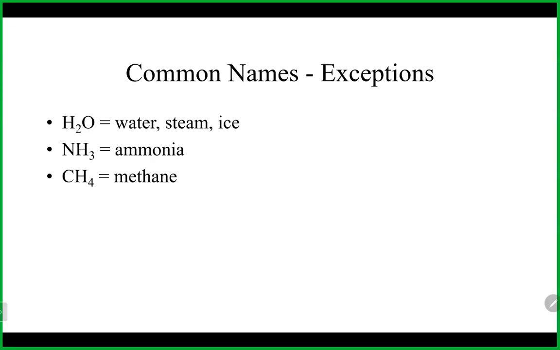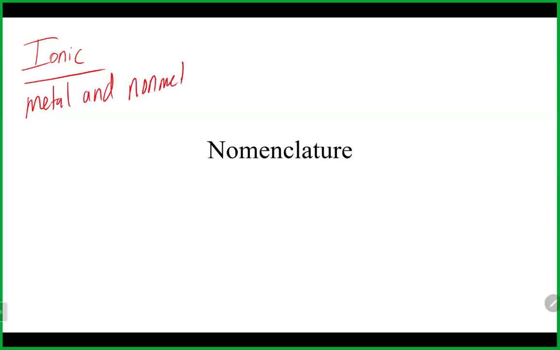So when we talk about naming, it's really going to focus on the two types of compounds that we talked about in bonding, which is ionic compounds, which, as we talked about, are between a metal and a nonmetal. And in this situation, we always get a transfer of electrons from the metal to the nonmetal, as we talked about with bonding.